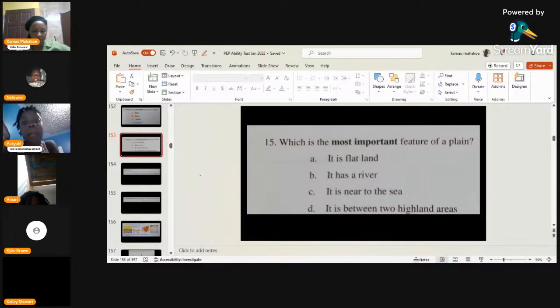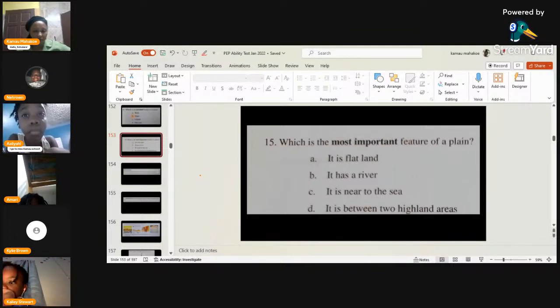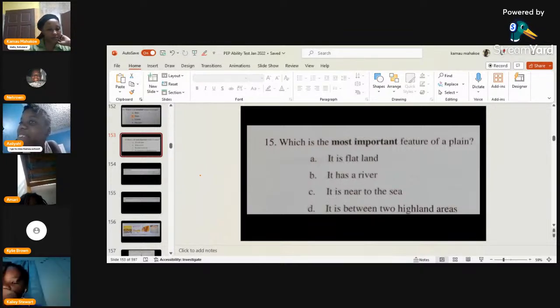D. It is between two island areas. Number 15. Which is the most important feature of a plane? A. It is flat land. B. It has a river. C. It is near to the sea. D. It is between two island areas.